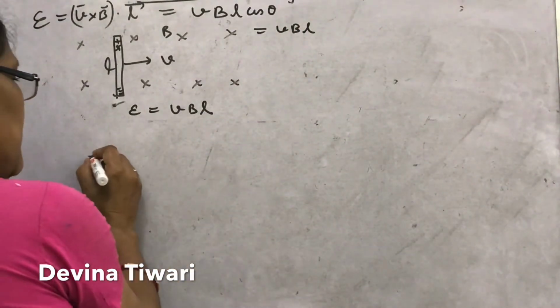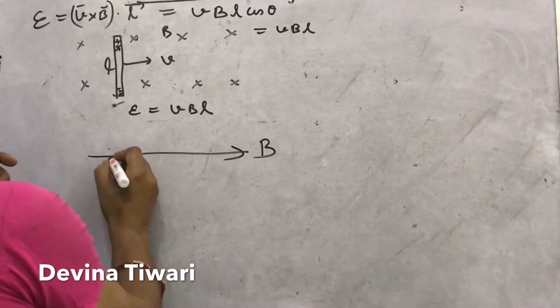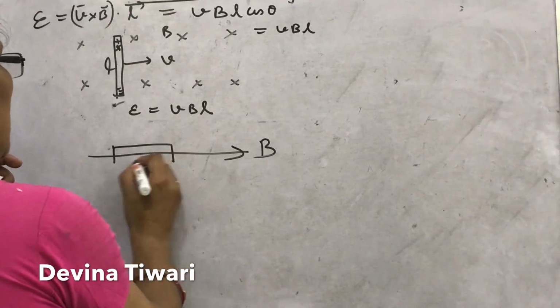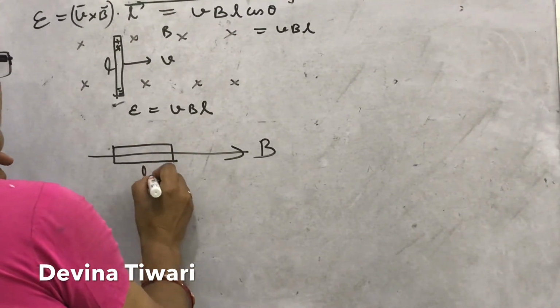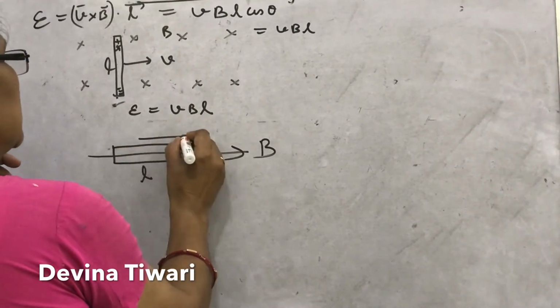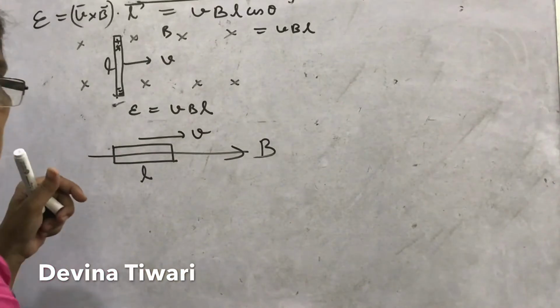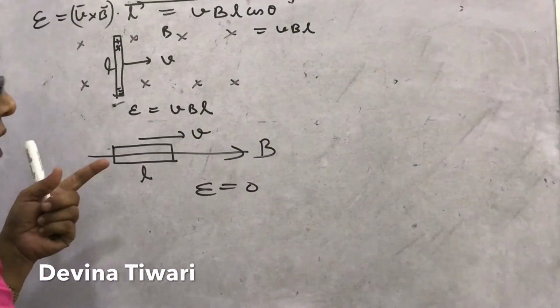In another case, suppose this is the direction of the magnetic field. Now if you take a rod of length L and it is moving in this direction, no EMF will be produced, 0. Why?